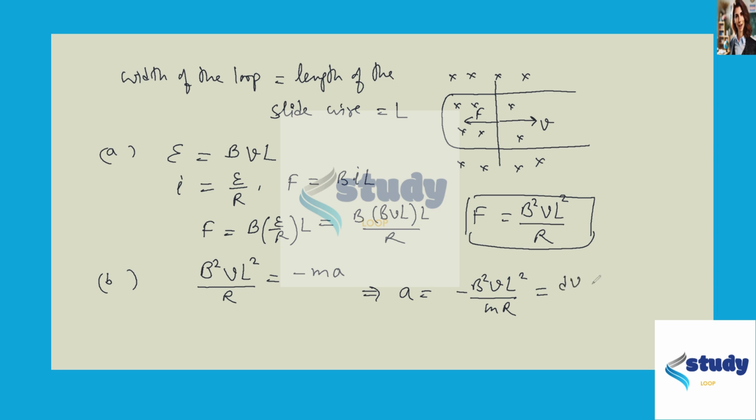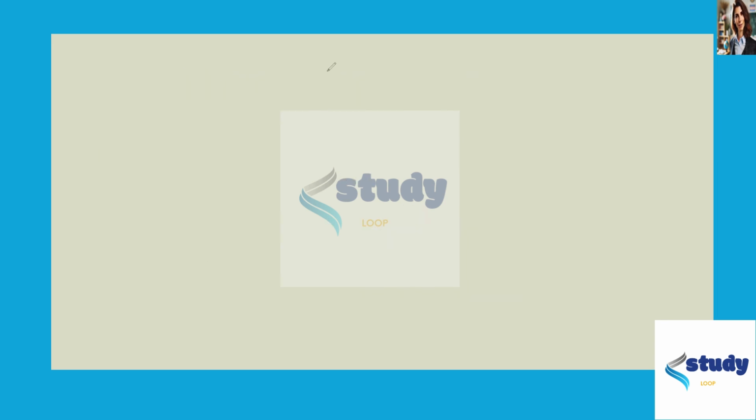So it can be given as dv by dt. So rearranging the terms here, we get 1 by v dv is equal to negative of B square L square divided by m times of R dt.